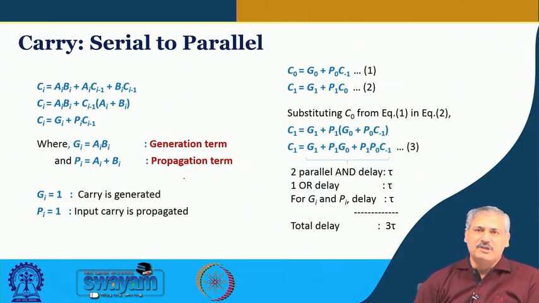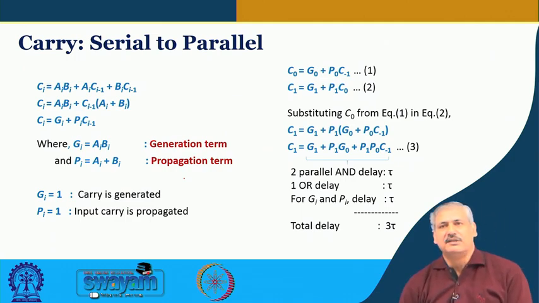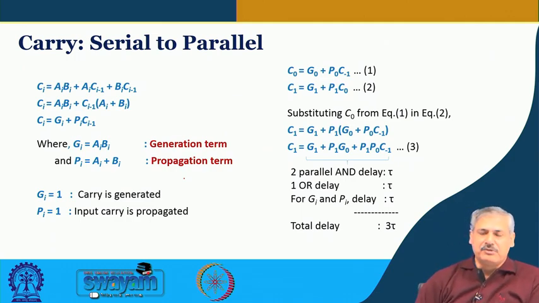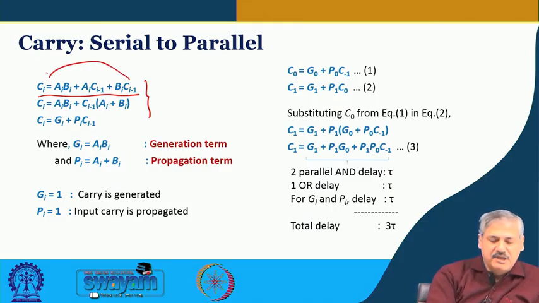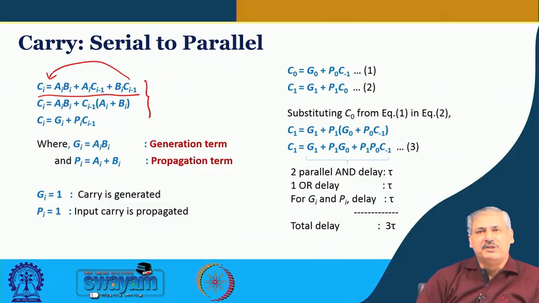So, one way of doing it is to investigate the carry generation equation. This is the basic carry generation equation, and we see that there is a recursive kind of activity within the equation.